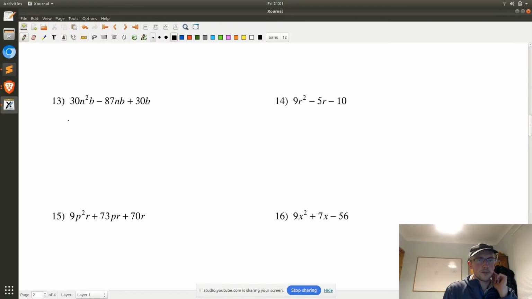And for this one here, factor out 3. So we have 10n squared b take 29nb plus 10b. Oh, and b. Like this.